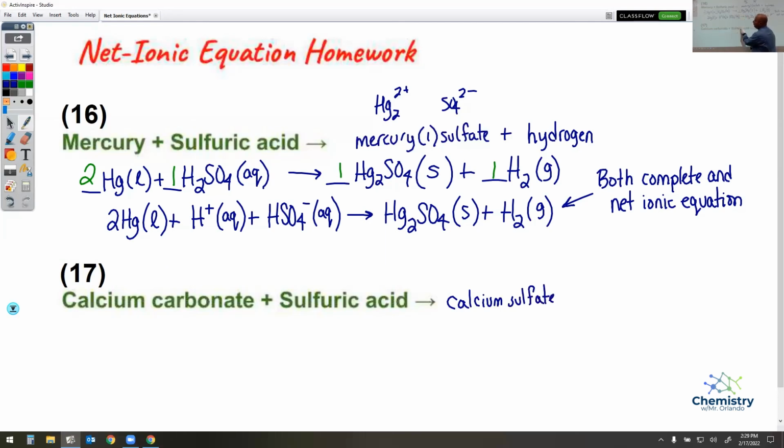And the hydrogens from sulfuric acid and the carbonate ion will give us carbonic acid, but wait. If you remember, carbonic acid, H2CO3, that's one of our unstable products that never gets written on the right side of the reaction. So instead, we're going to write this as water and carbon dioxide.